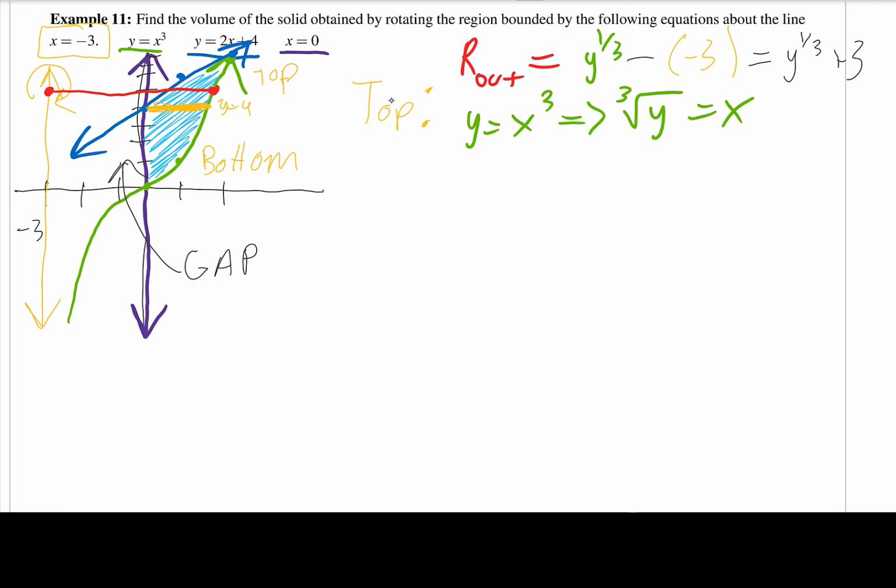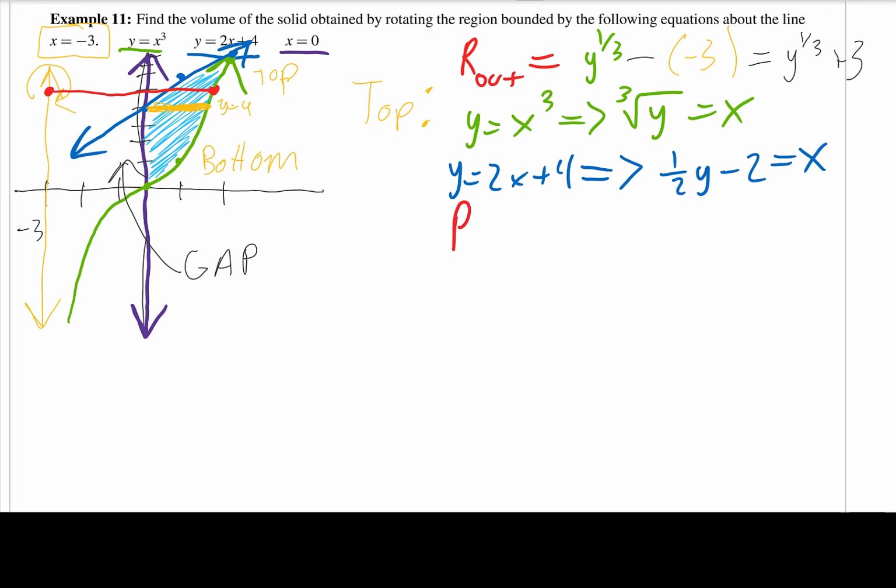Now for our inner radius, let me go ahead and make the adjustment. We have y equals 2x plus 4. So I can subtract over 4, divide by 2. So that means we get 1/2 y minus 4 divided by 2, so minus 2 equals x.